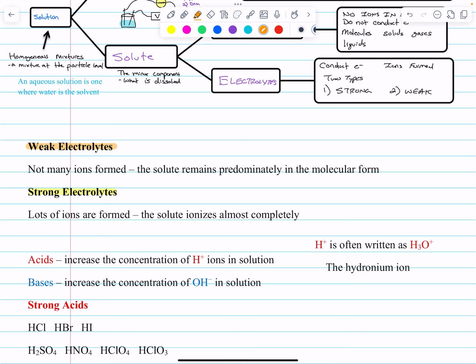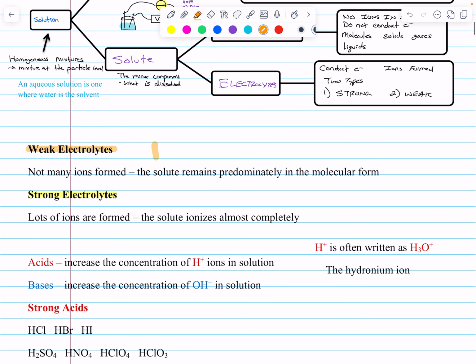Weak electrolytes do not form many ions. What does that mean? If I take something like HCN, it is a weak electrolyte in water.